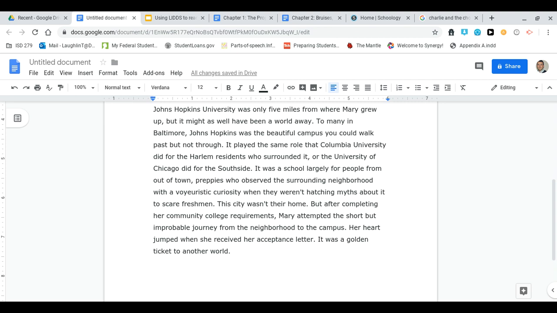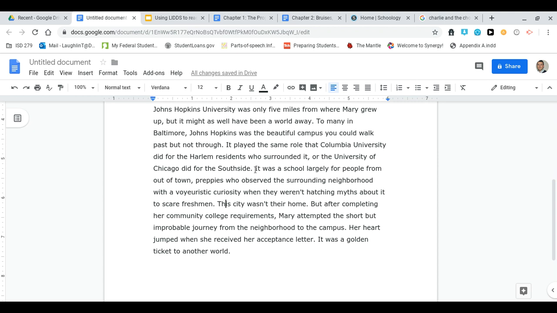We have some details about the world that Mary's growing up in. We also have some comparisons. Johns Hopkins, a famous university in Baltimore, is compared to other universities like Columbia, which is in Harlem and is a prestigious school, as well as the University of Chicago, which is on the south side of Chicago.